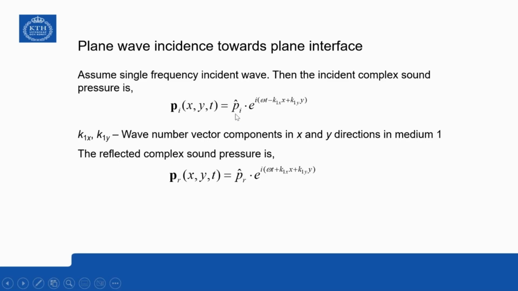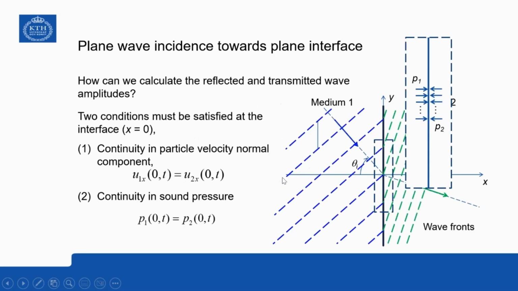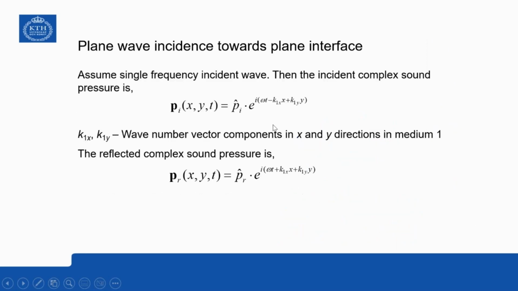The only difference here is, of course, the amplitude, and then, as you can see here, the sign of the wave number in the x direction. That is caused by the fact that the incidence wave is in positive x direction, whereas the reflected wave goes in the negative x direction. So that is the reason for the different signs here.